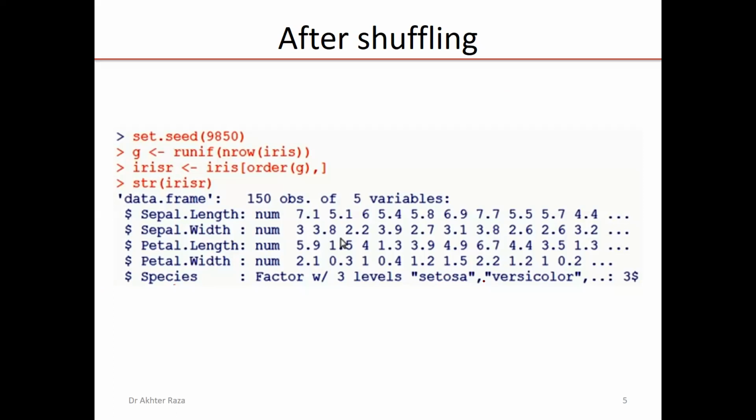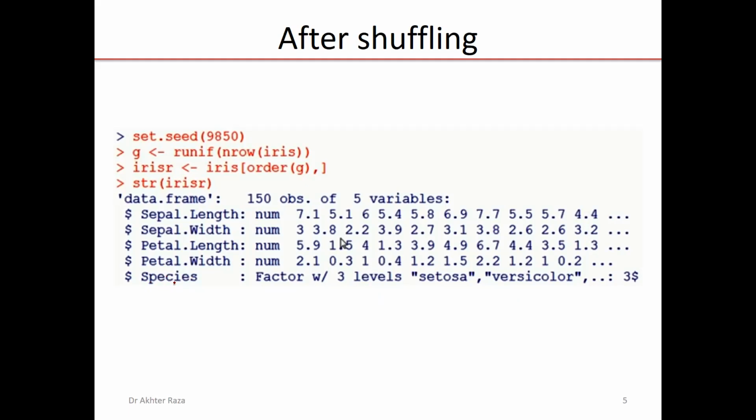Now it is not sorted. Earlier it showed all values of one category, then all values of the second category and all values of the third category, but now it is mixed according to the new sort order. So the data is randomly arranged with respect to the species variable, which is a class variable.